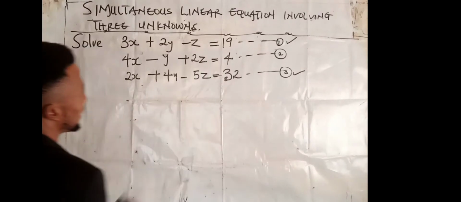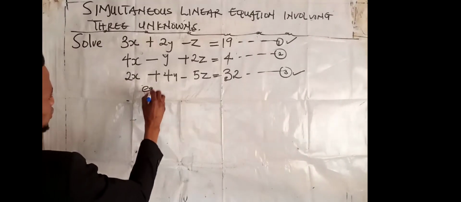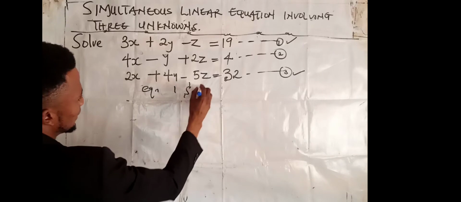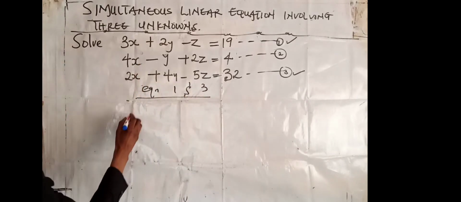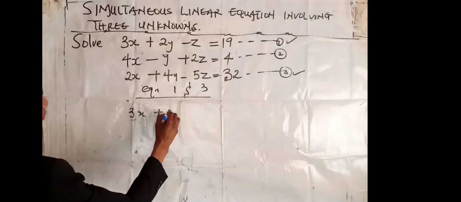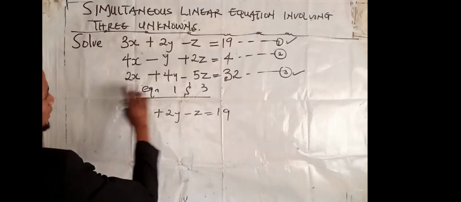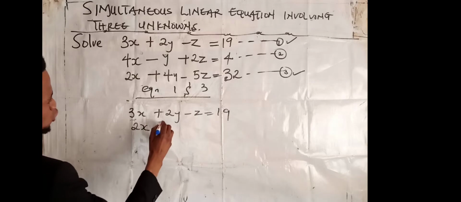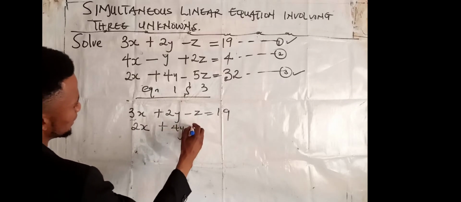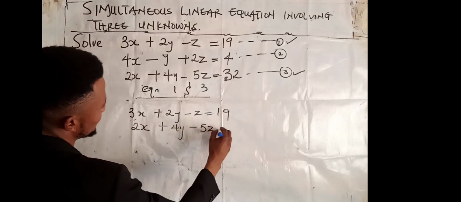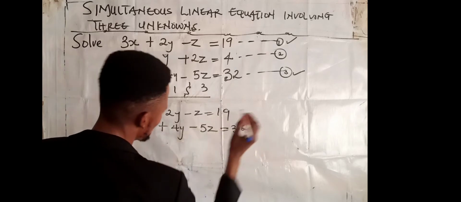Equation 1 is 3x plus 2y minus z is equal to 19. Then equation 3, 2x plus 4y minus 5z is equal to 32.